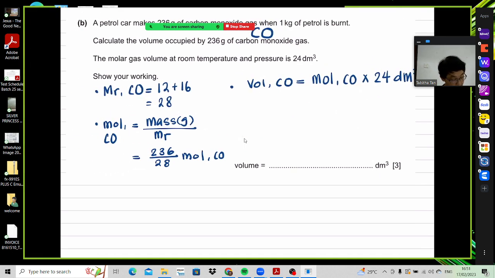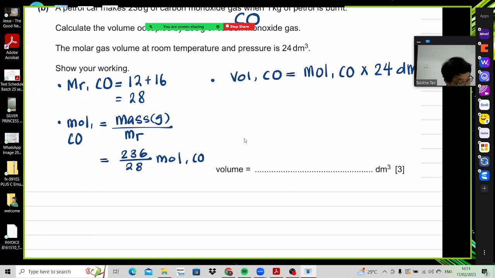I will just write 236 over 28. Of course if you want to punch that into a number, no problem: 236 divided by 28. Just make sure you do not round up too much. Let's put that as 8.43, or 8.4386 is fine. You can put it that way, or you can just keep it as the division, no problem.